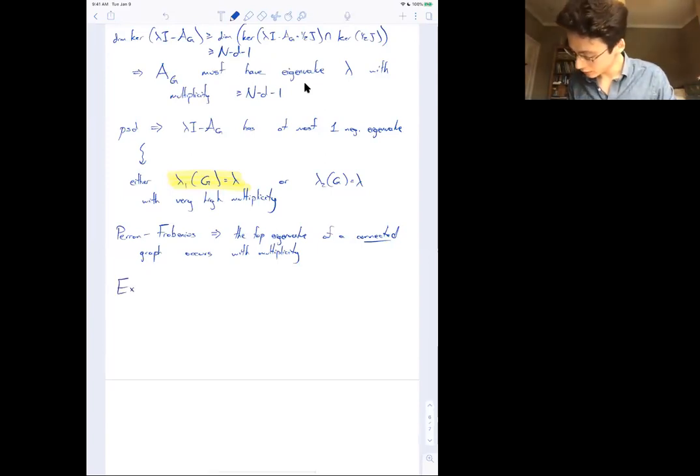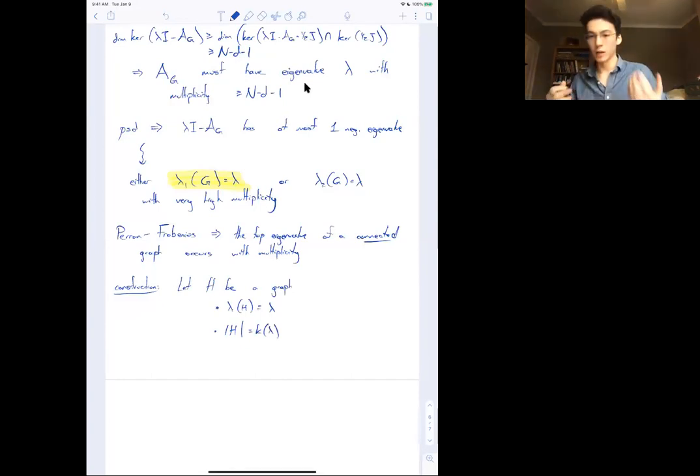So here's a construction. Let H be the smallest graph with spectral radius lambda. So that means it's a graph whose number of vertices is exactly the spectral radius order, since that's how we defined it.